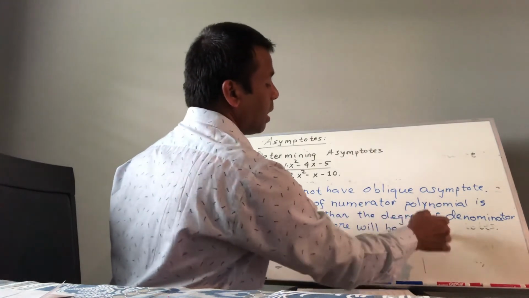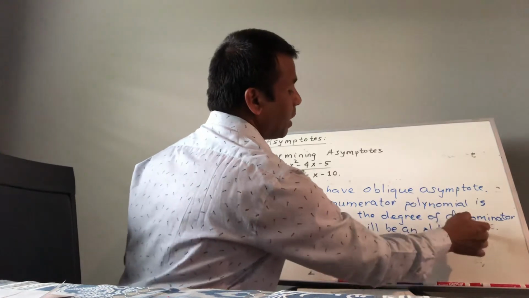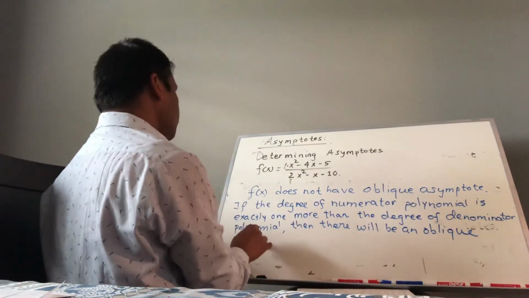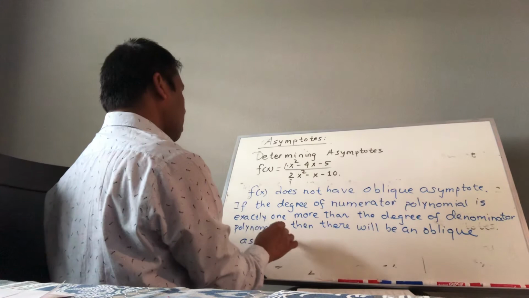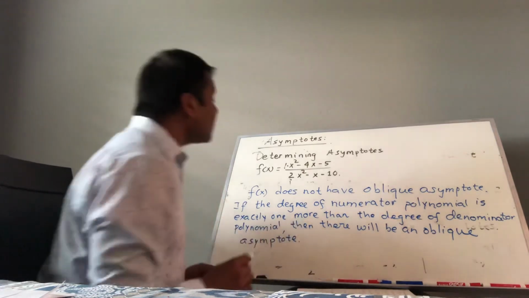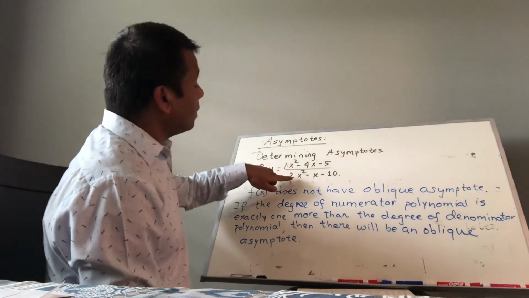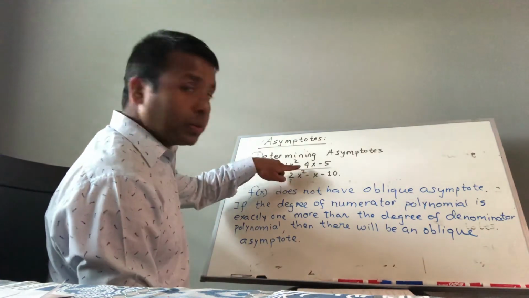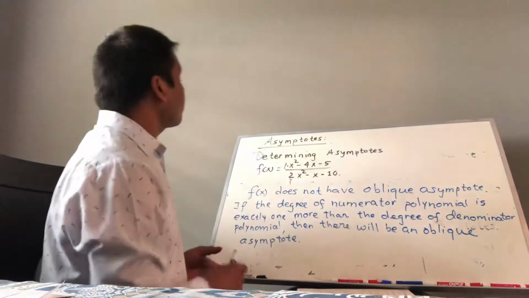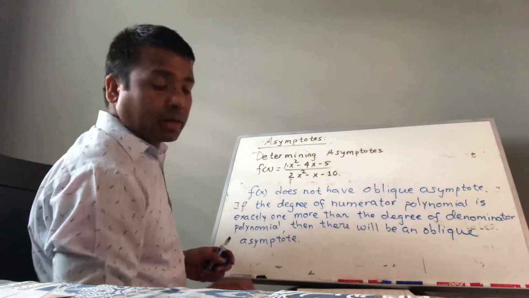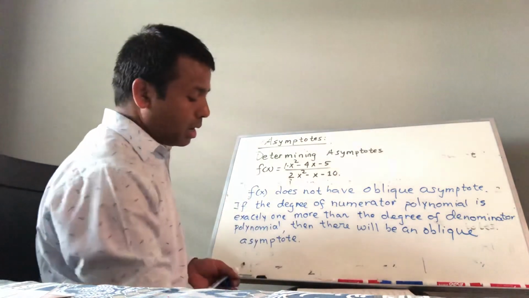In this case, the degree of the numerator is 2, the degree of the denominator is also 2, so that's why it does not have an oblique asymptote.